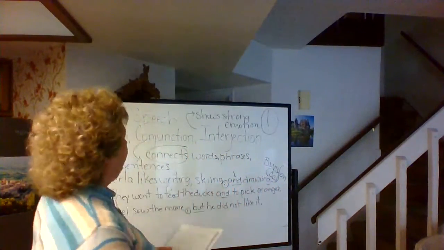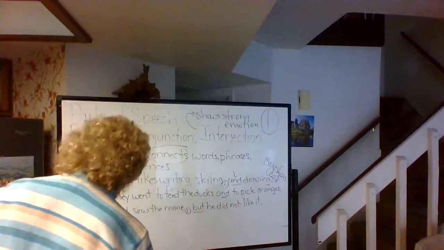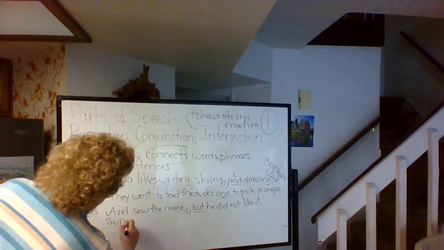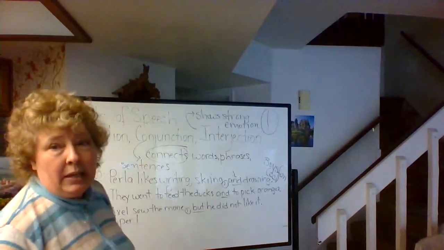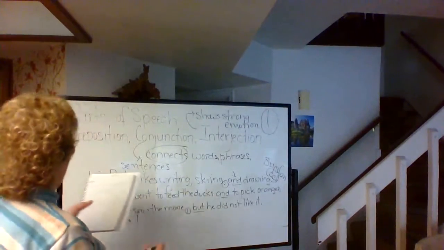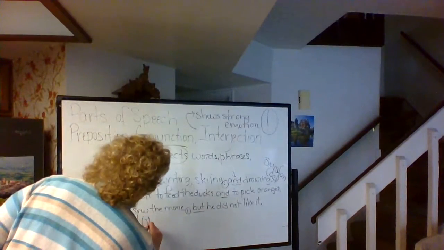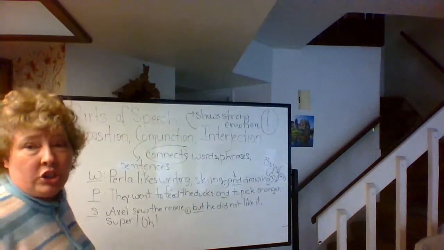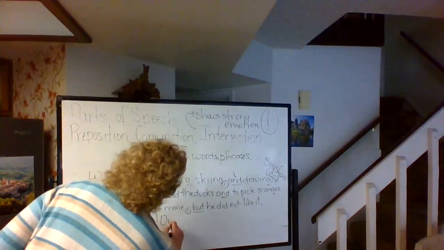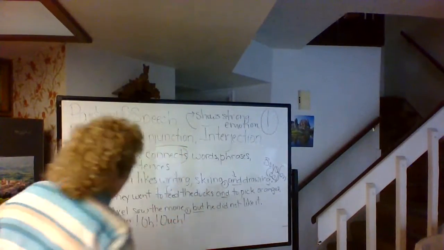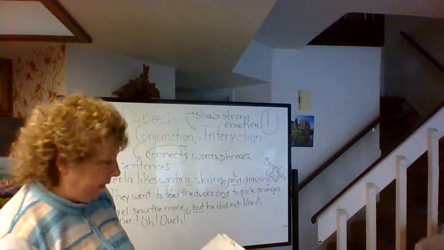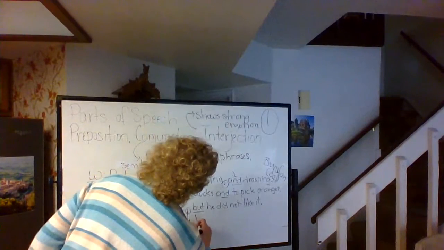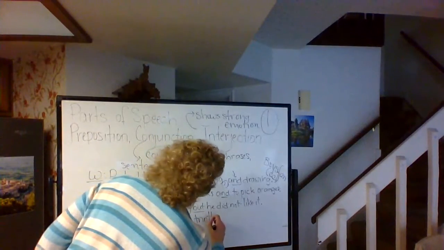For example, we could have super. Okay? Super! Oh! Okay? Ouch! That definitely shows lots of emotion. Okay, so those are words. Okay, now a phrase could be, for instance, another wonderful day.